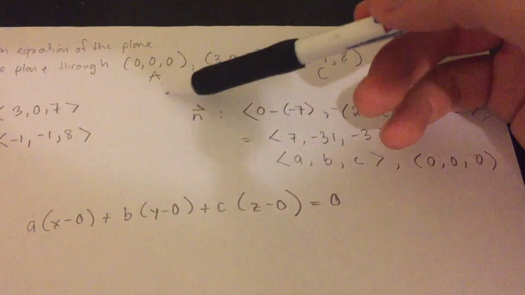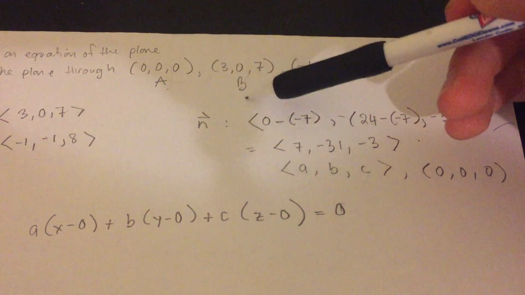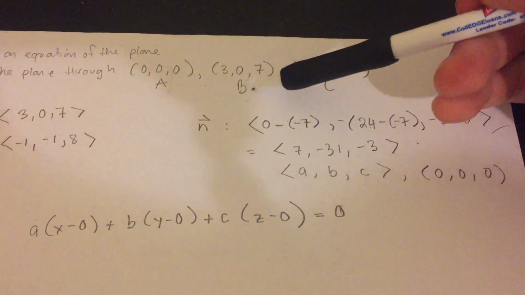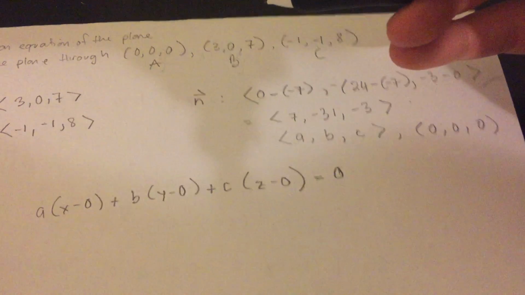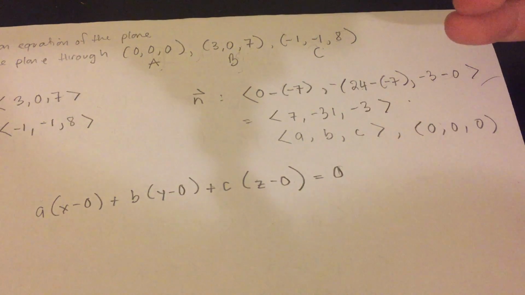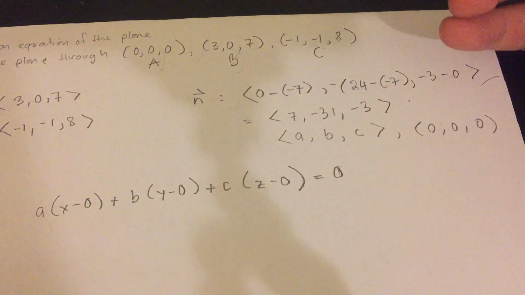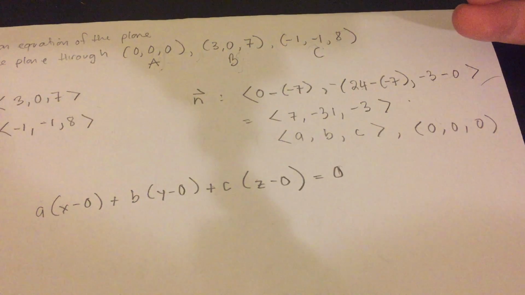I choose zeros because it's really easy for point A here. You can pick point B or C, it doesn't matter. You can have multiple equations. They're not unique, so you can have multiple correct answers.